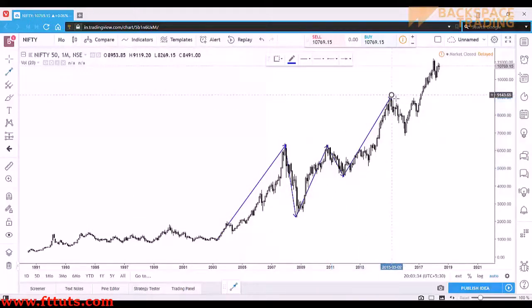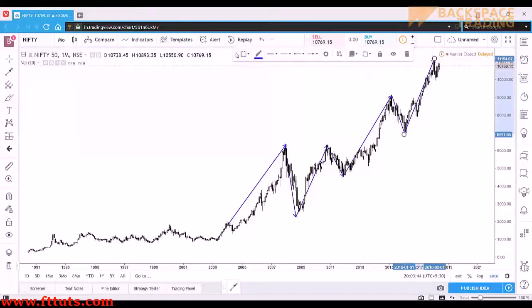From here it makes a higher low. From here it makes a higher high, and we don't know what is happening as of now. Beyond this there are no higher lows or higher highs because we are at the high point. Okay, so as you can see, it is in a waveform, an up and down, an up and down.